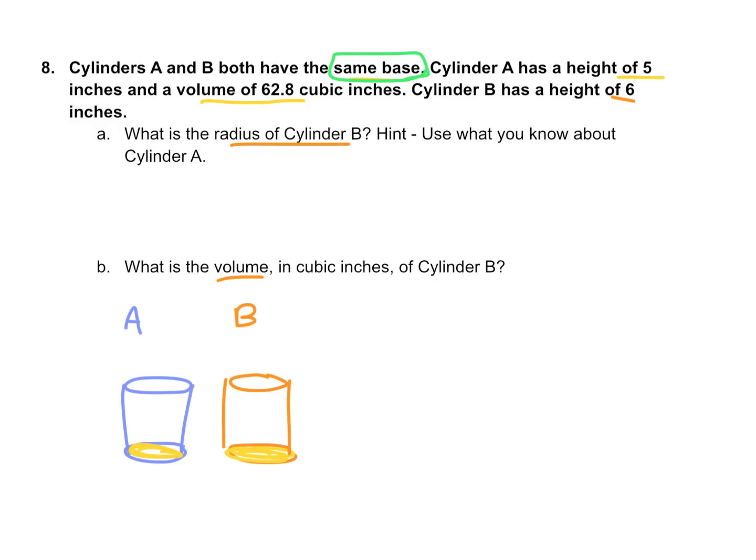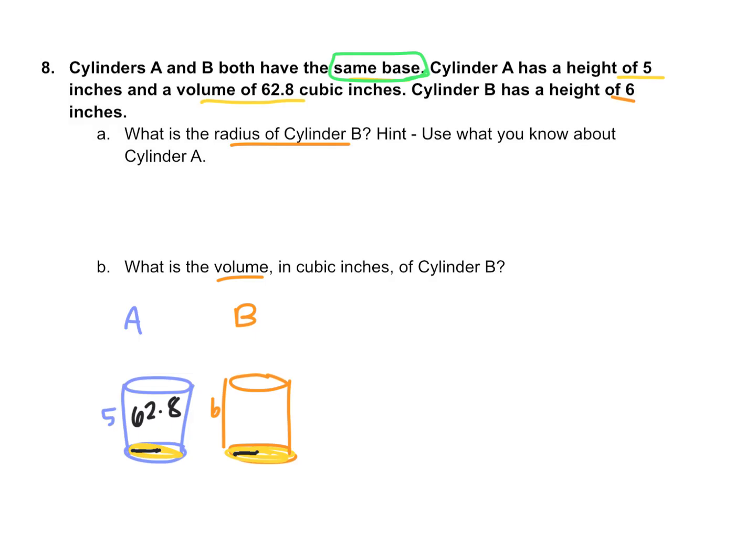So the height of A is 5 and the height of B is 6. We do know the volume of cylinder A, and it is 62.8. So what I'm thinking is I'm going to have to find the radius of both figures.